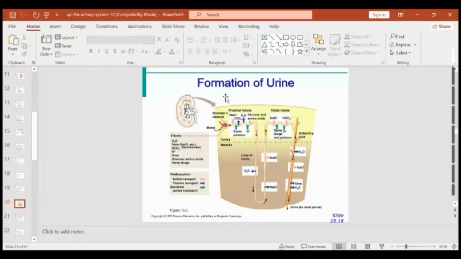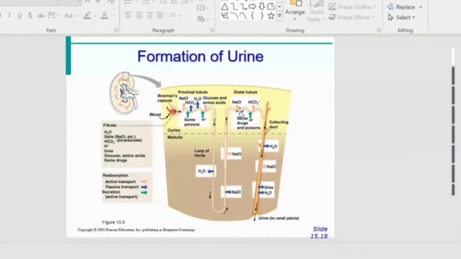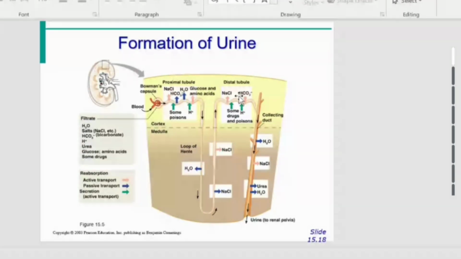Diagrammatically, we'll start the whole process from here, from the Bowman's capsule, where we have a higher hydrostatic pressure. It will force the blood to exit, and the journey begins by reabsorbing all the required elements, and it moves all the way to the loop of Henle, up to the ascending loop, and into the distal convoluted tubule.